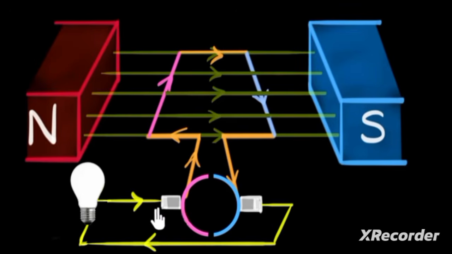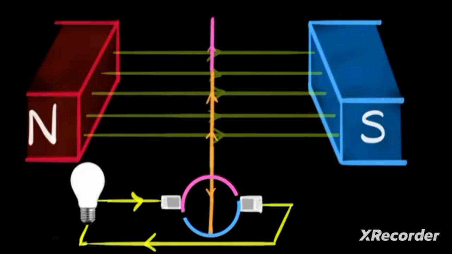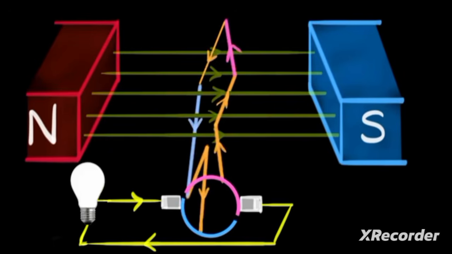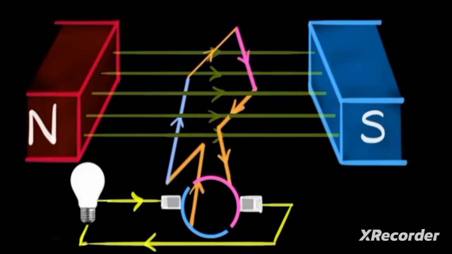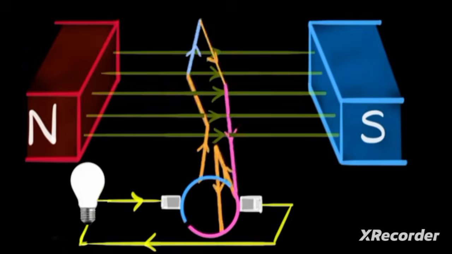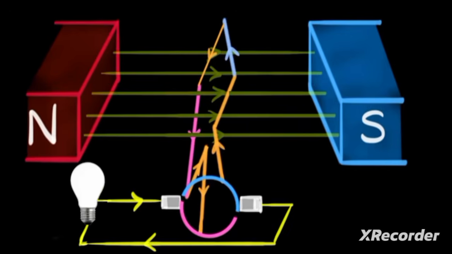So right now, this brush is in contact with the pink side. But as the coil rotates and comes to this position, the current reverses. And now notice the brush is in contact with the blue side, making sure the current still flows in the same direction through the bulb. Again, as the coil comes to this position, finishing another half a rotation, notice it just changed contact.